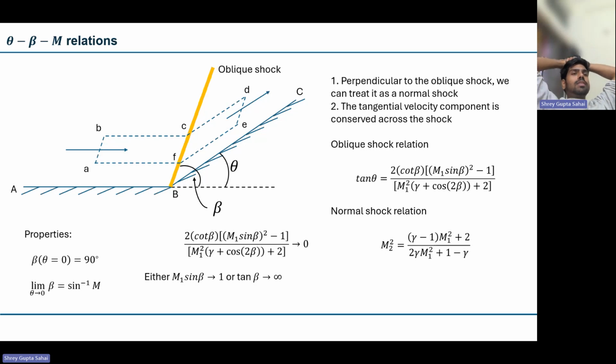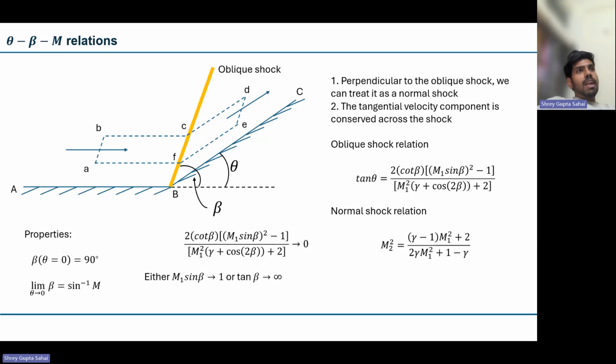We do not expect subsonic conditions downstream of this deflection surface. If theta approaches 0, we expect the flow not to deviate very largely. It will deviate by a very infinitesimally small quantity.